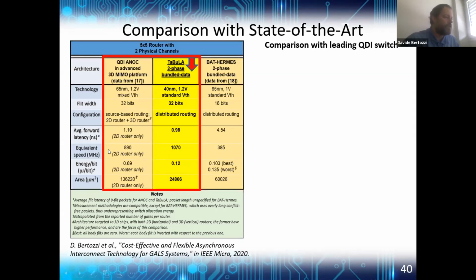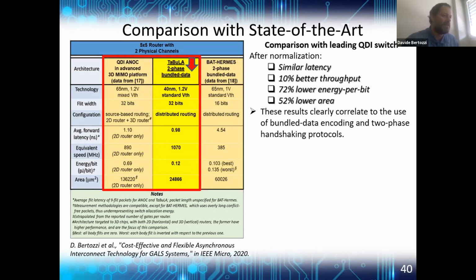So the table shows the details. You can look at it with calm afterwards, because there are a number of metrics and a number of comments to make the comparison more precise. But let me report here on the right-hand side the key takeaways.